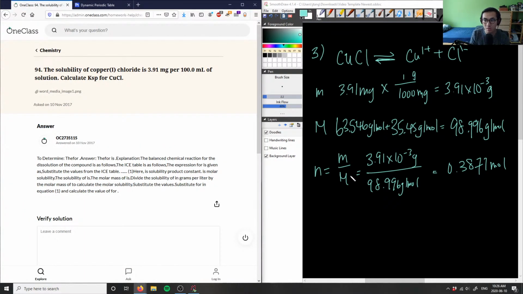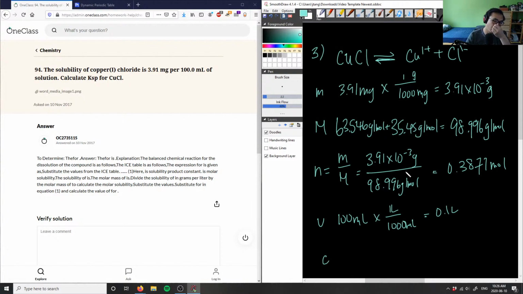Then we can solve for our concentration. We have moles, and we have volume, which is 100 milliliters. I can change this into liters by, again, dividing by 1,000, so 1 over 1,000. This one would be 0.1 liters.